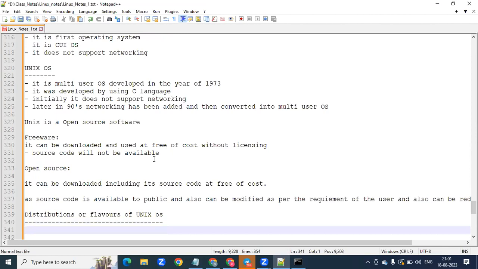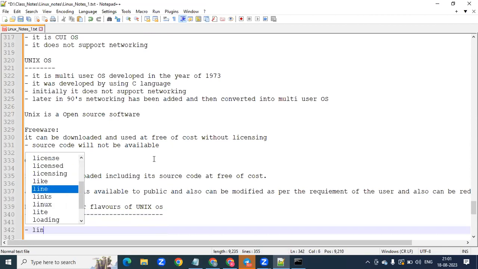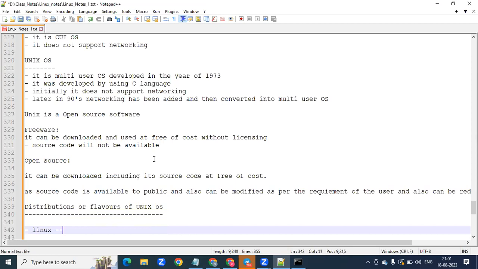The first distribution, Linux, is one of the distributions, which was developed by Linus Torvalds.